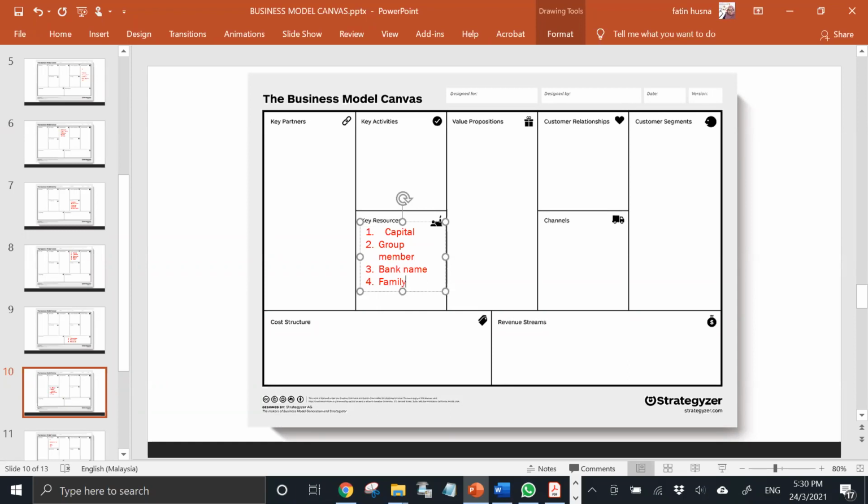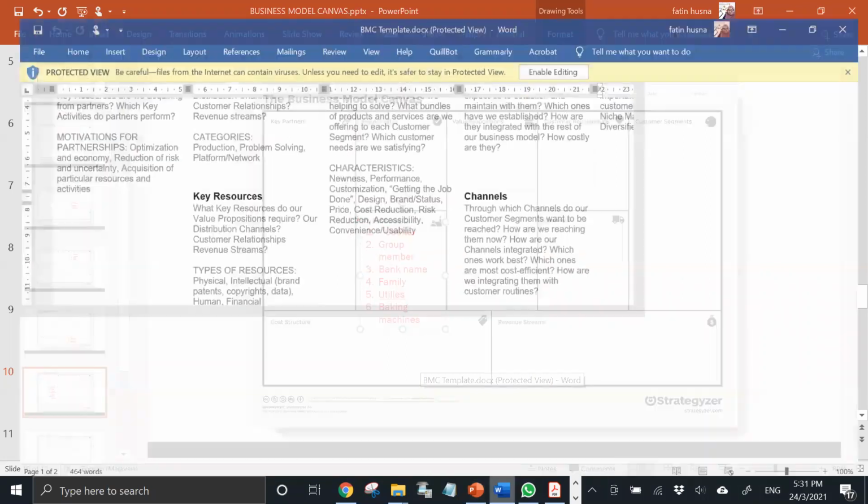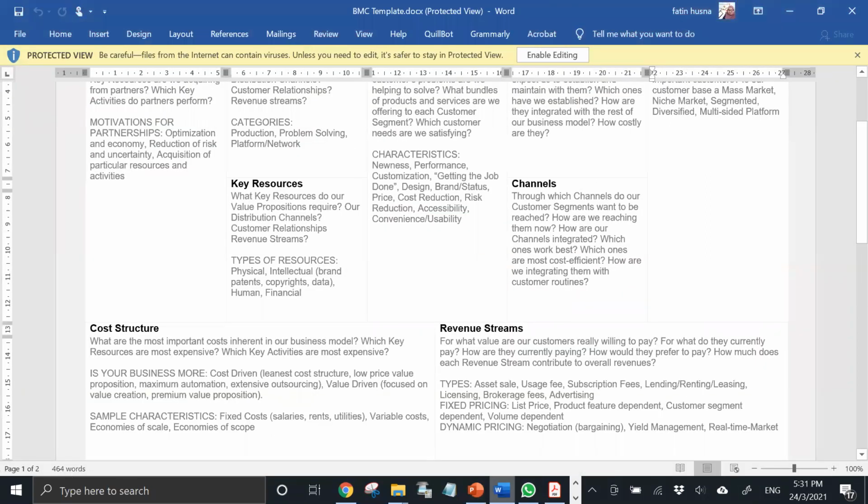If you are using some sort of machinery to bake cookies, for example, what is the machinery? Oven, whatever it is. You put the utilities or maybe baking machines. What's more? If you are a big company and you have a brand already, you use your brand.